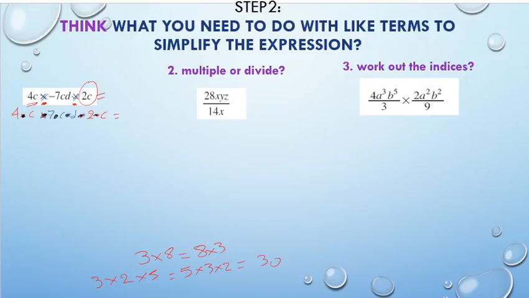So I would like to have the numbers first and the letters later. So I'm thinking here 4 times minus 7 times 2, so done, done, done.